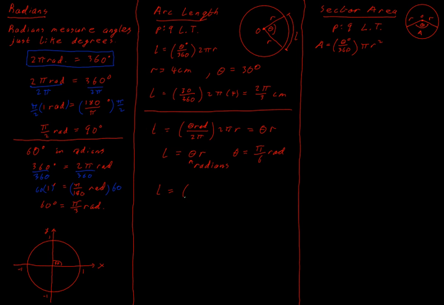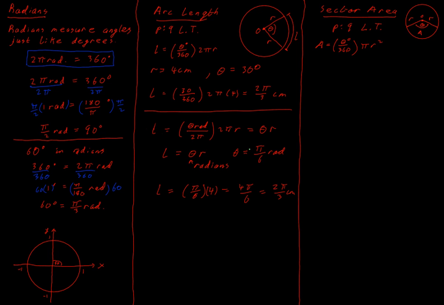So pi over 6 radians for our angle, and we're still using 4 centimeters for our radius. So we get 4 pi all over 6, which simplifies with a common factor of 2 down to 2 pi all over 3 centimeters.